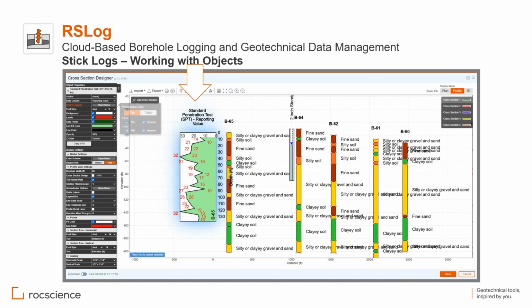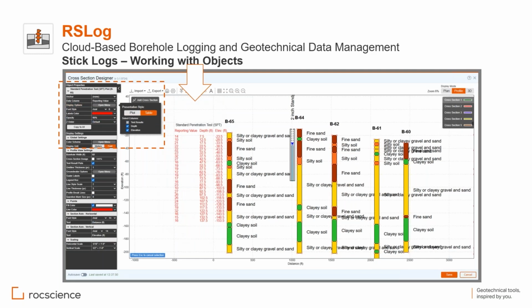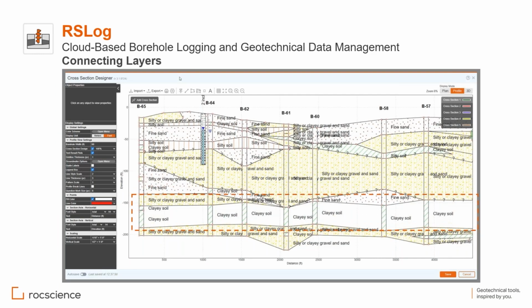One of the things with graphs in cross-section designer is that you can change the presentation style of the graph, and it could be shown as a plot, as a graph, or it could be shown as a table. Some engineers prefer to show SPT data, say either elevation and SPT blow counts or with depths. You can easily do that. This is an example. Here is your test results. It could be any test, lab test or field test.